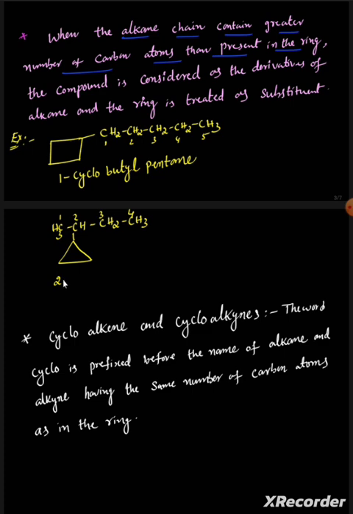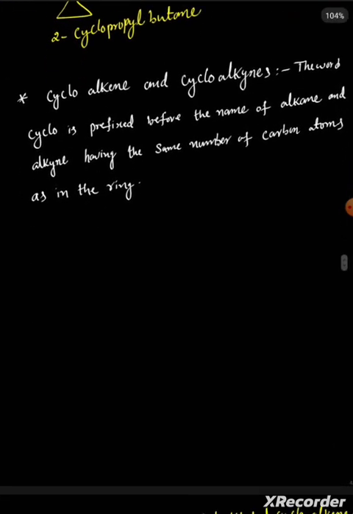Okay, here we are giving name 2 cyclopropyl butane. 2 cyclopropyl butane.